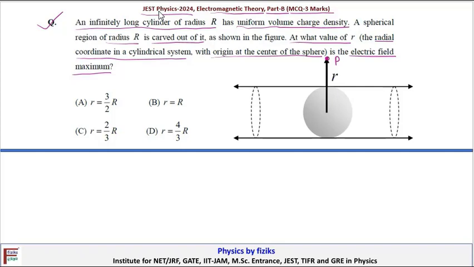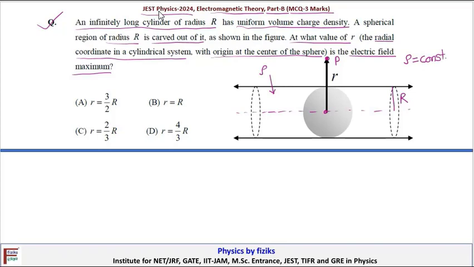Now it is given that it has uniform charge density. So let's assume its radius is, I am taking this as the center, and let's take this radius as capital R. Assume this charge density is rho, and rho is constant because it is distributed uniformly.